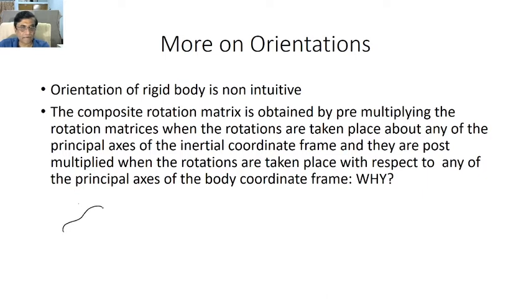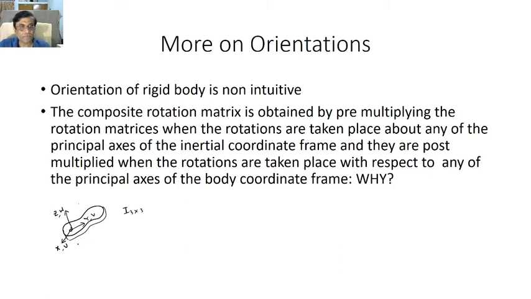Say my rigid body has two sets of axes, X, Y, Z, and U, V, W. Initially both the inertial coordinate frame and the body coordinate frame are completely aligned, so the initial transformation matrix between the body coordinate frame and the inertial coordinate frame is actually a 3 cross 3 unitary matrix.